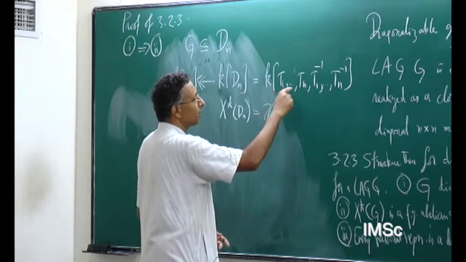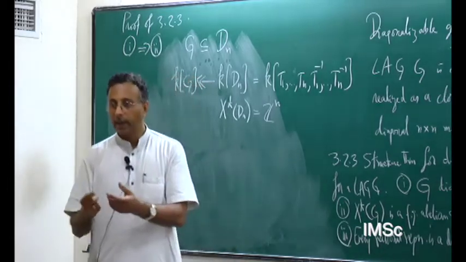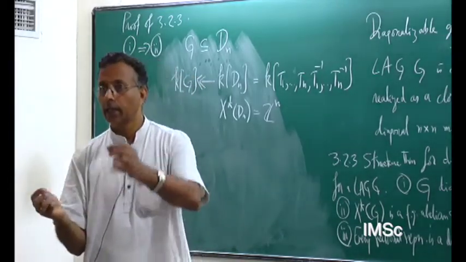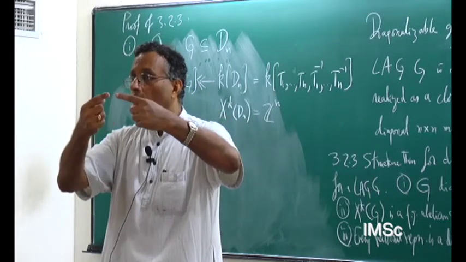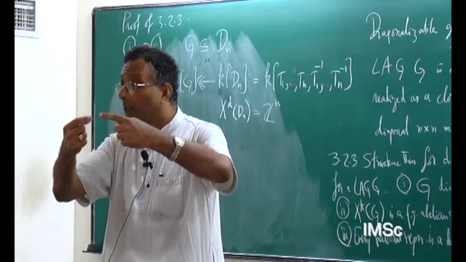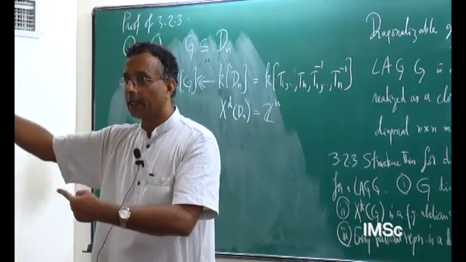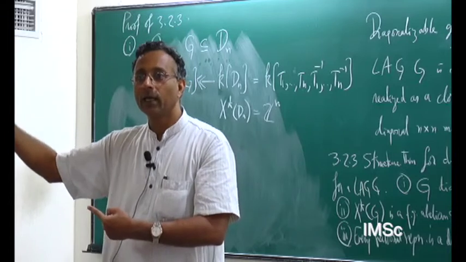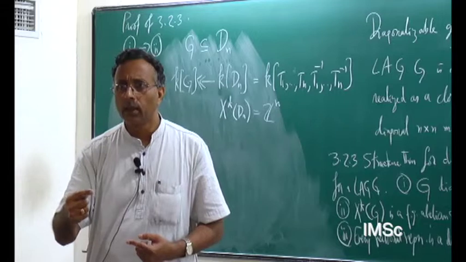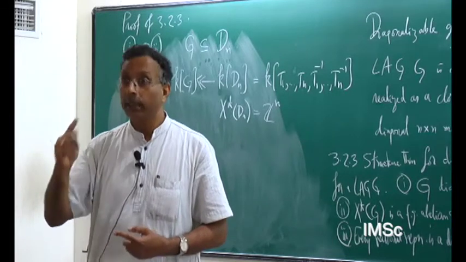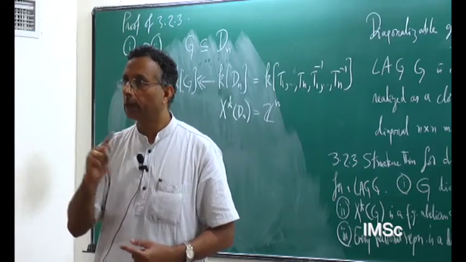So what is a character? The character will just be T1 to the A1, T2 to the A2, up to Tn to the An, where A1, A2, up to An are integers. We proved this last time, didn't we? I think we proved it towards the end of last time.